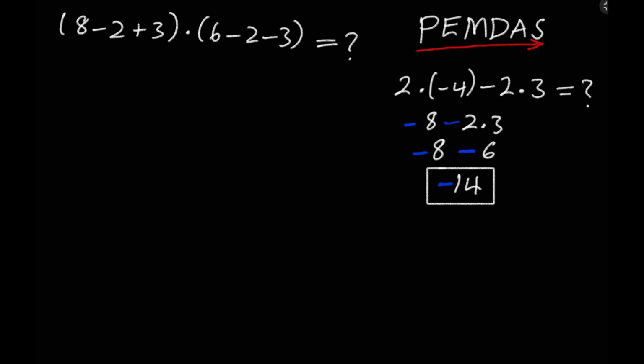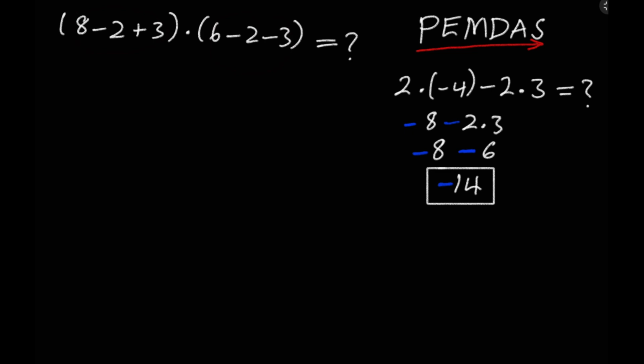Again, in this question, we have two parentheses. So according to PEMDAS, we start with parentheses. Now, it does not matter here whether we start with this parenthesis or this parenthesis, because a parenthesis is a parenthesis. So let's just go ahead and solve the expressions inside the parentheses separately. Let's start with the first one. We have 8 minus 2 plus 3.